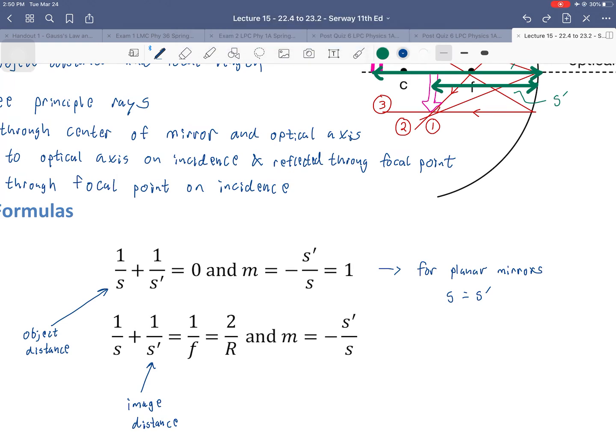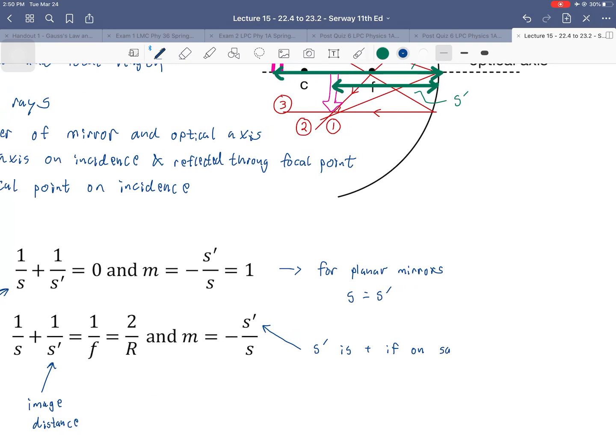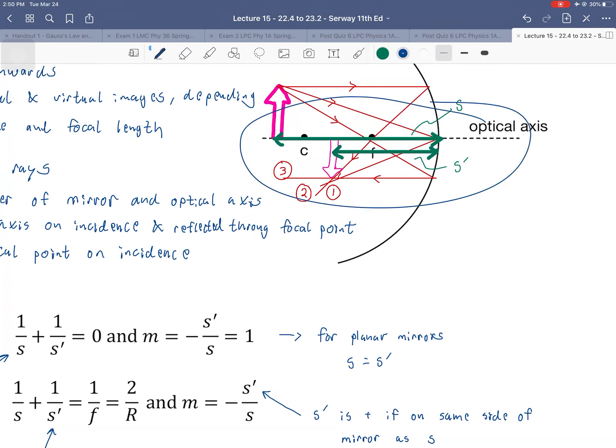Okay, so let's make a note then. S prime is positive if on the same side of the mirror as S. Case in point, our concave mirror that forms a real image.